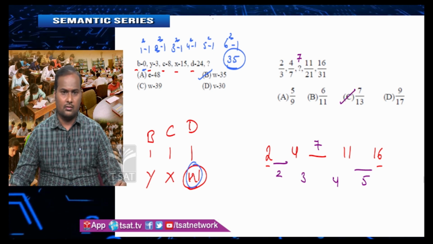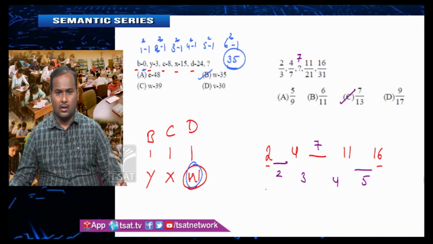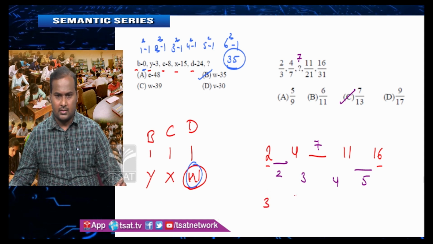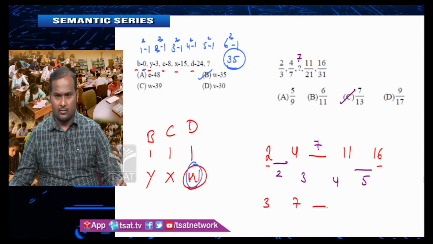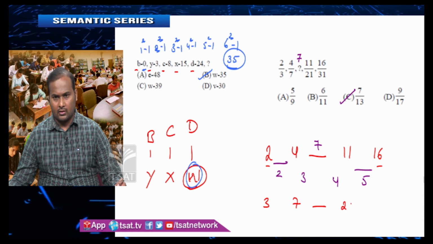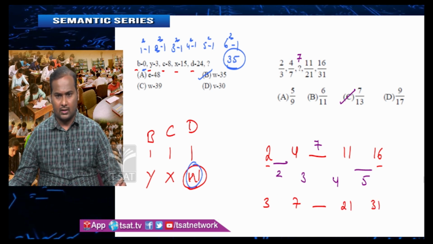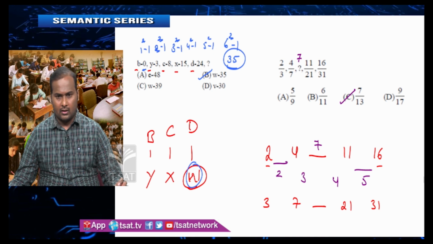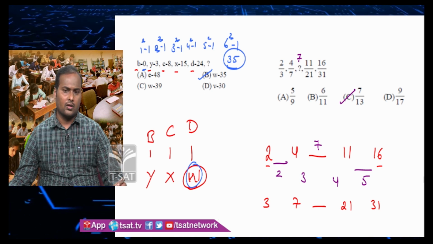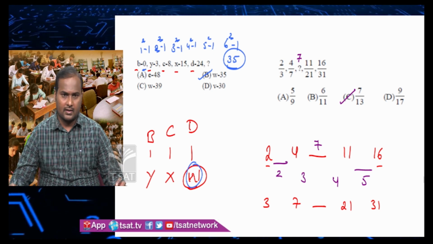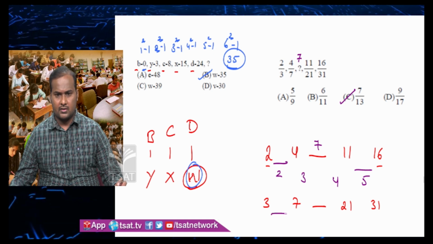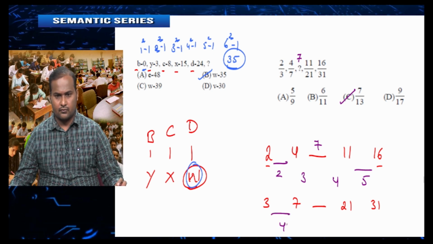Anyway, we will check the denominator also. In the denominator the series is 3, 7, find the answer, then 21 and 31. Here also, between 3 and 31 there are extra terms, so I will take the difference again. The difference between 3 and 7 is plus 4.